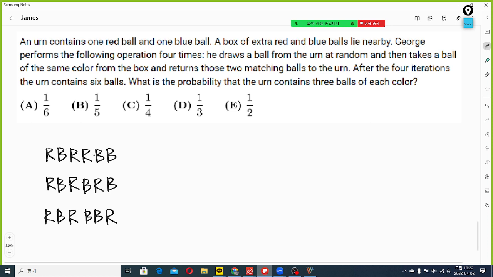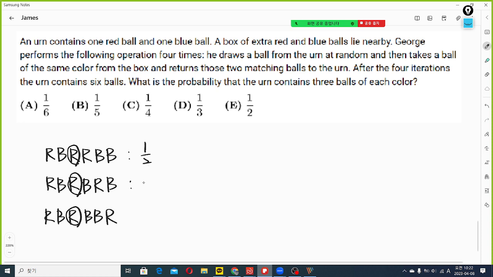So the first probability is always equal to one half for this red ball, because originally there were one red ball and one blue ball. The picking of the red ball is always one half.